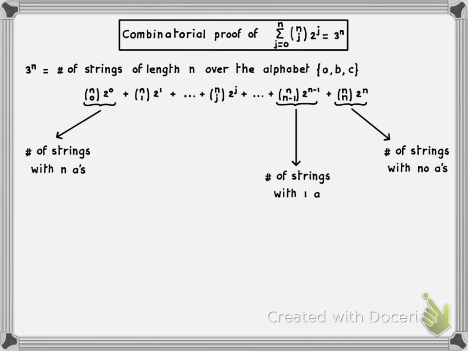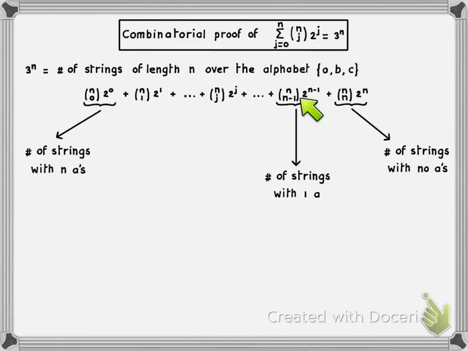If you were to build a string containing only one A, that means that string would have to contain n minus 1 other positions where you could place either a B or C. So the first step to build such a string would be to pick n minus 1 positions out of a total number of n positions, and then for each such position you would have a choice of a B or a C for the first chosen position, and then a B or a C for the second one, all the way up to the choice of a B or a C for the n minus first position.